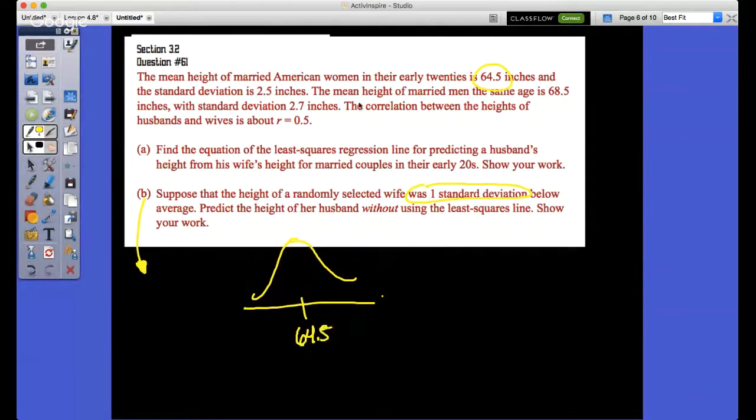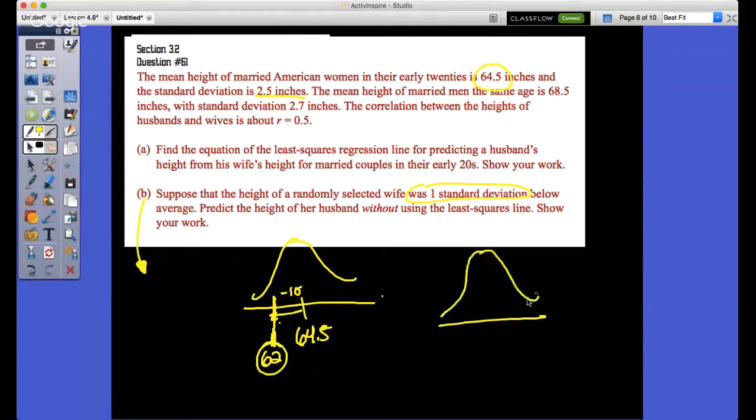So if I'm 1 standard deviation below the average, that means I'm subtracting 2.5 to get to 1 standard deviation below my mean. So I would subtract 2.5 to get to here, which would get me 62 at that spot.